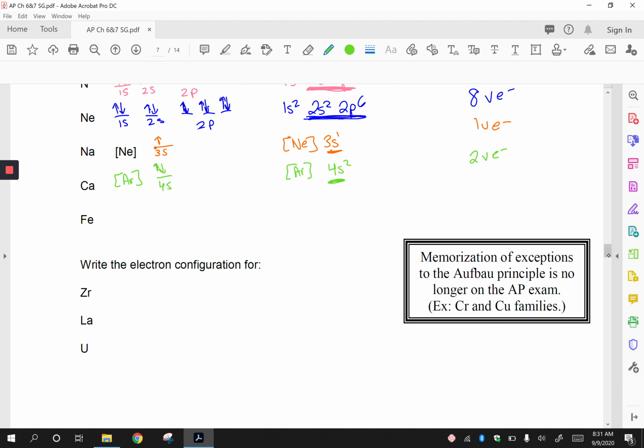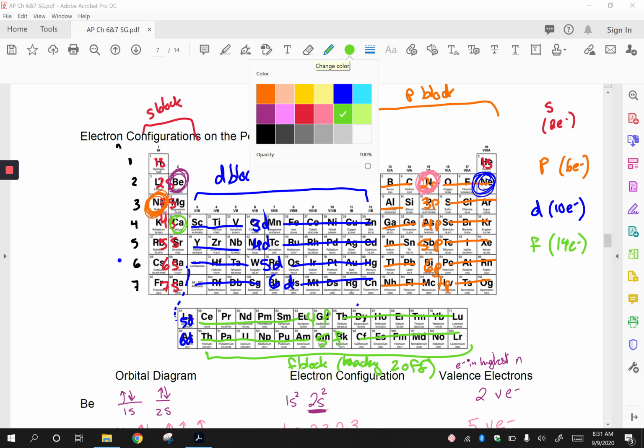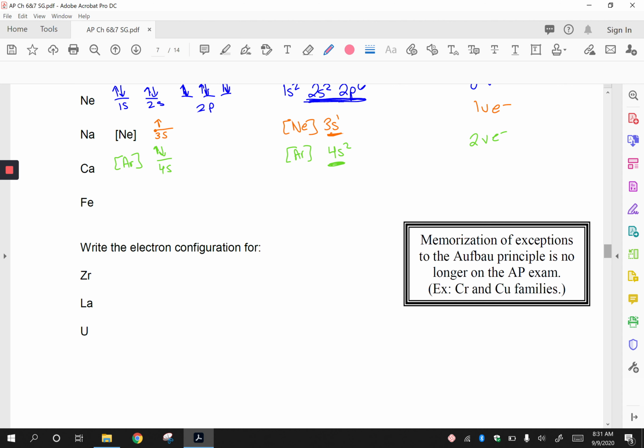Okay, iron is next. Iron is right here. My noble gas that comes before it is argon, and then I have 4s with 2 electrons, and then I have the 3d with 1, 2, 3, 4, 5, 6. So let's do that here.